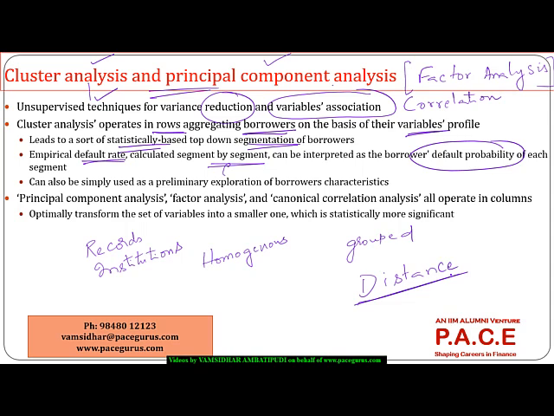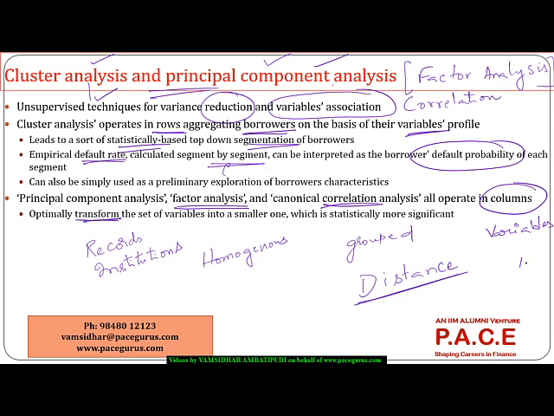So it's a kind of exploration of the various characteristics of the borrowers. Whereas the other set, principal component analysis, sometimes called factor analysis or canonical correlation, all operate on columns. They try to find the relationship between the various variables, or typically the column headings, and transform the set of variables.